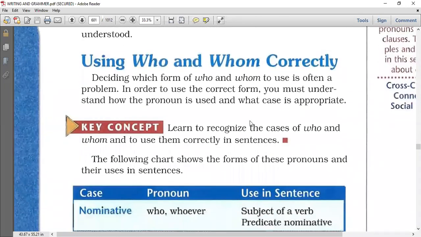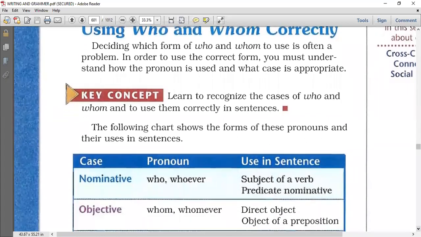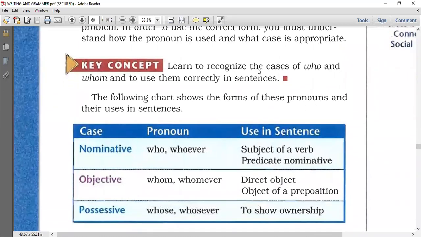Let's see. Using who and whom correctly. Deciding which form of who and whom to use is often a problem. In order to use the correct form, you must understand how the pronoun is used and what case is appropriate. Learn to recognize the cases of who and whom and to use them correctly in sentences. The following chart shows the forms of these pronouns and their uses in sentences.